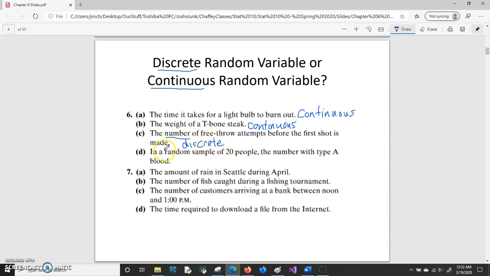And then the last example, in a random sample of 20 people, the number of people with type A blood. So here the variable is the number of people with type A blood. That would have to be discrete. That number can only be a whole number, 0, 1, 2, 3, 100, 500. But it wouldn't make sense to say that 2.39 people have type A blood. So this is also a discrete variable.